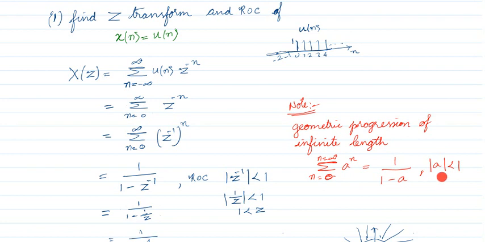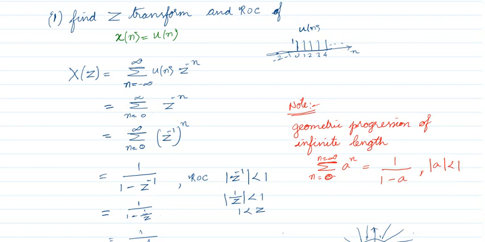That is the ROC: the condition is magnitude of a should be less than 1. Instead of a here it is z power minus 1, which should be less than 1.